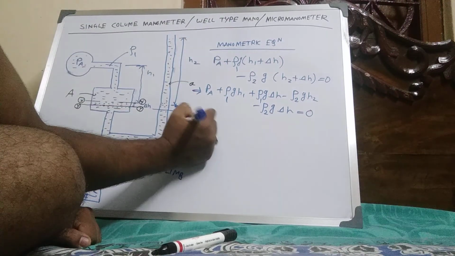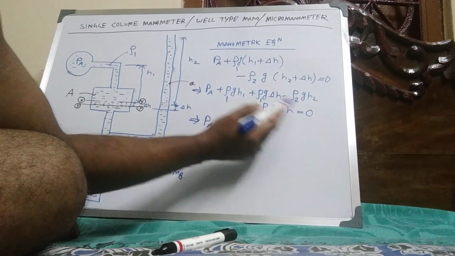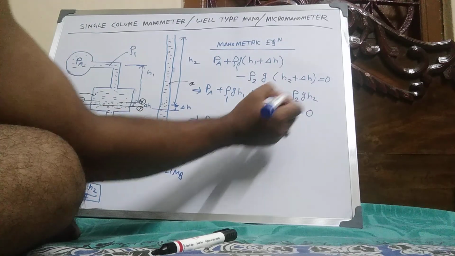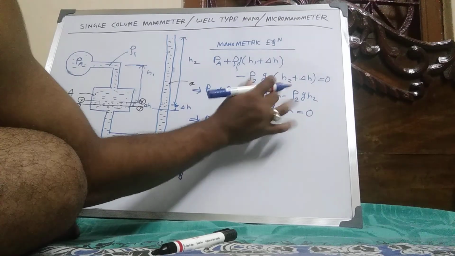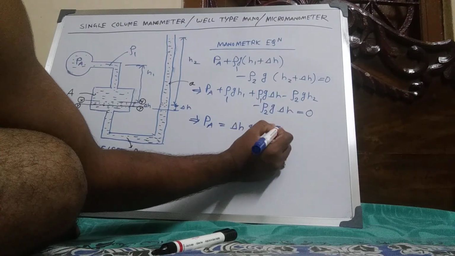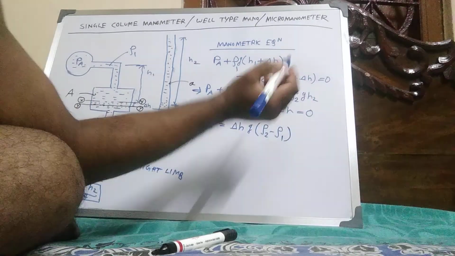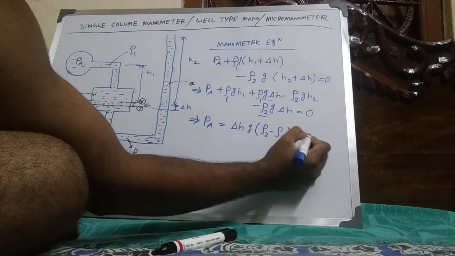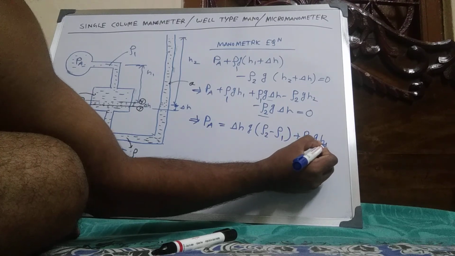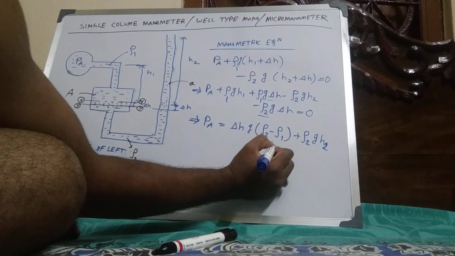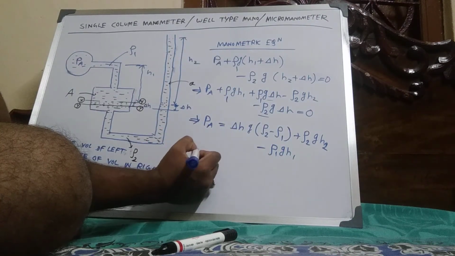So PA equals, taking the left side first, delta h g into rho 2 minus rho 1; and on the right side, rho 2 g h2 is positive and rho 1 g h1, and put the value of delta h.